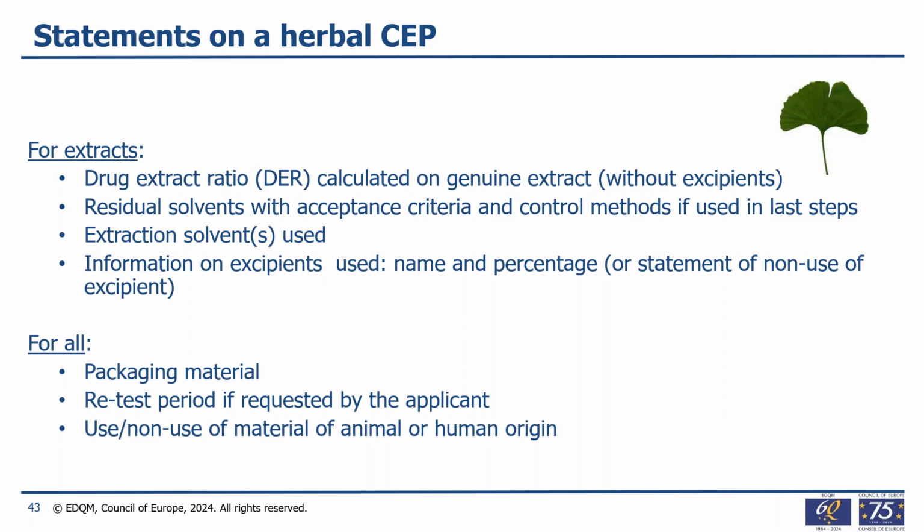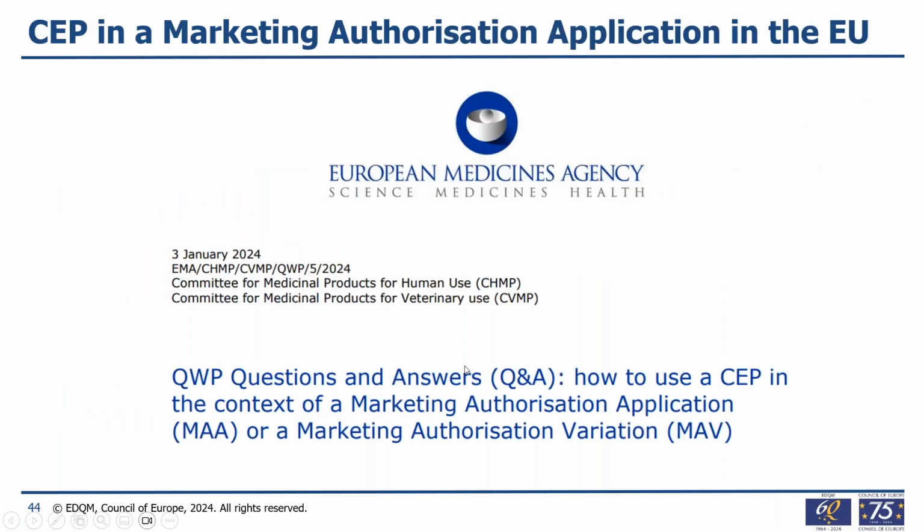And for all herbal CEPs, the packaging materials are described on the CEP as for all types of CEP, as well as the release period if requested by the applicant, and the use or non-use of material of human or animal origin.